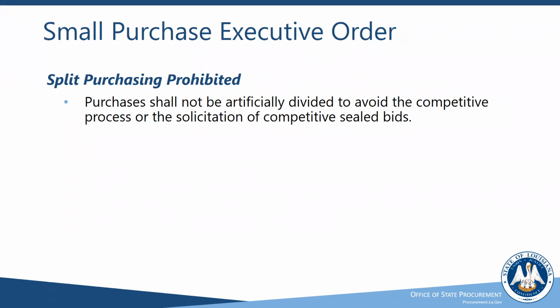No, and it's not over your agency's delegated purchasing authority. You're not splitting the purchase to go around having to submit it to our office to be bid out. You're not trying to circumvent the law. You're just purchasing, at this point, $2,000 worth of office supplies.